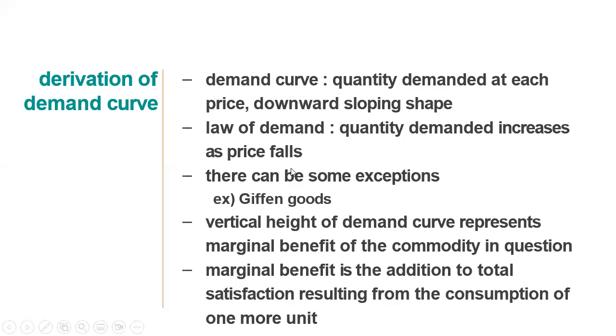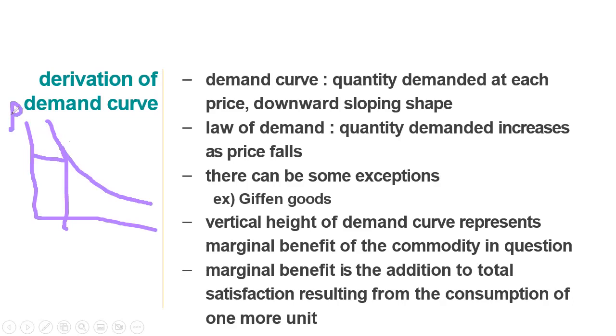About demand: the demand curve is represented by the quantity demanded at each price, and it has a downward sloping shape. Each point is represented by a quantity and a price.